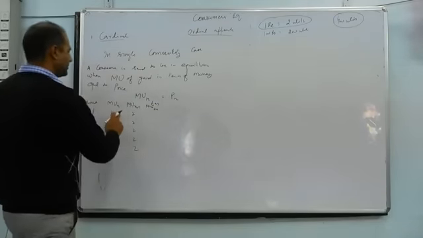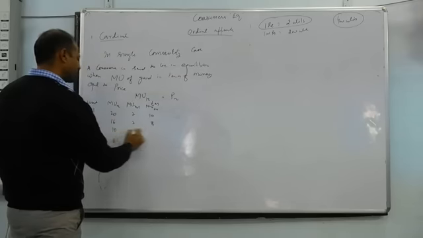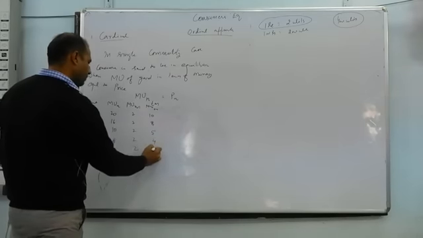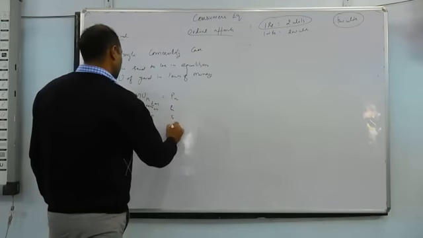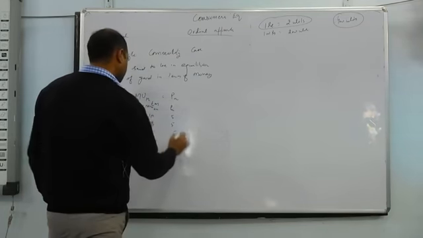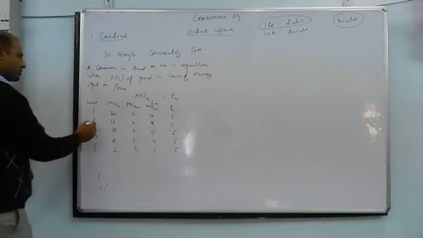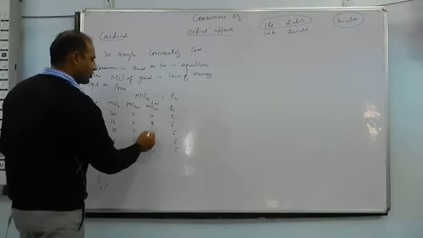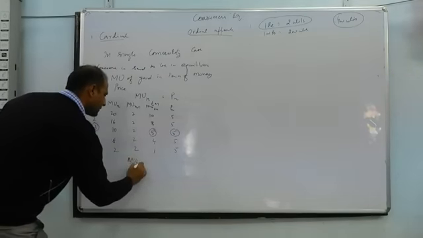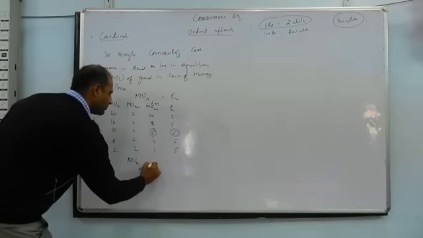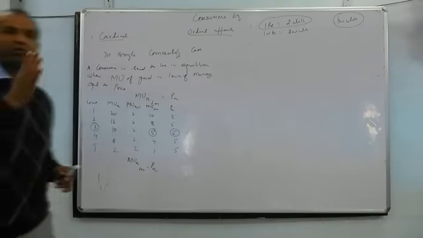That is, we divide 20 by 2, we'll be getting 10, 16 by 2, we'll be getting 8, 5, 4, 1. And suppose price of this good is rupees 5. Now you see, at third unit, marginal utility of a good in terms of money is equal to price. That is, MUX in terms of money is equal to price of good X. The consumer is in equilibrium when he is consuming 3 units.